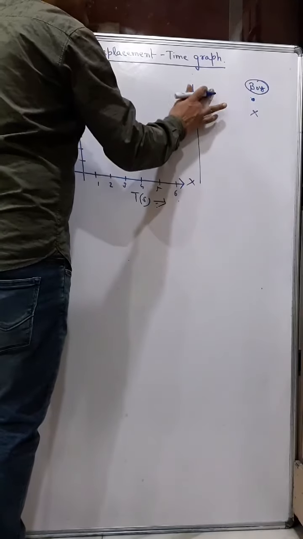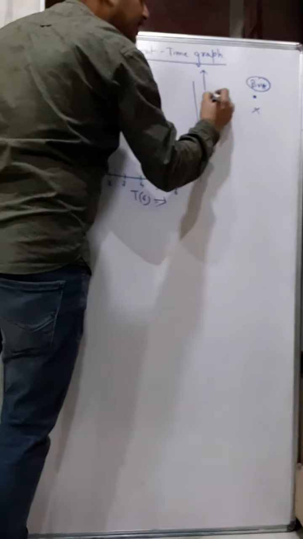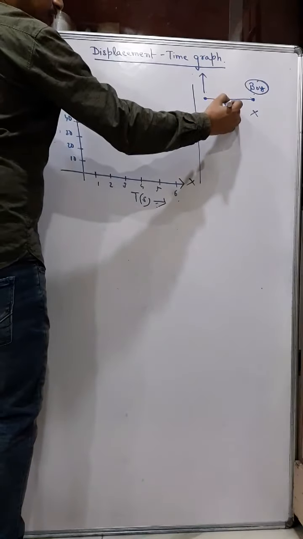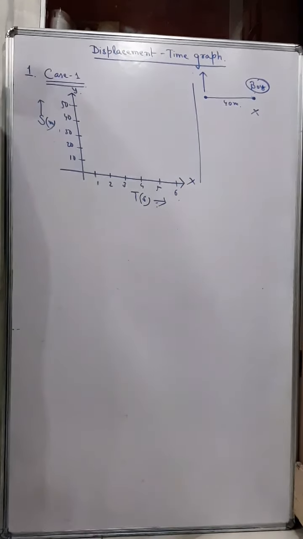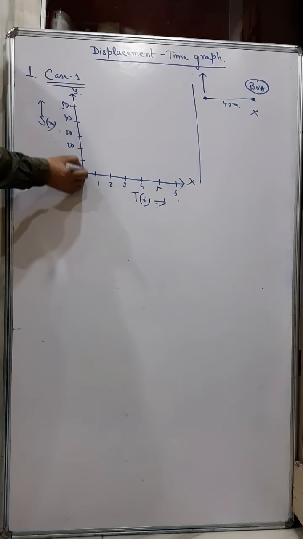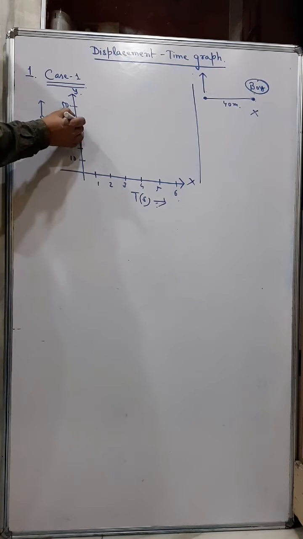Initially, the displacement between the tower and the boy, suppose the displacement of the boy from the tower is 40 meters.